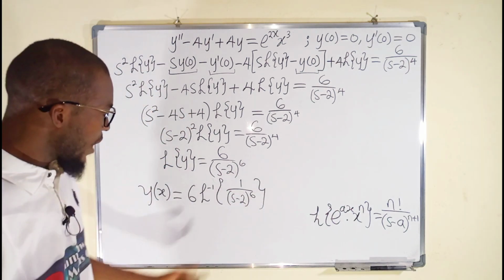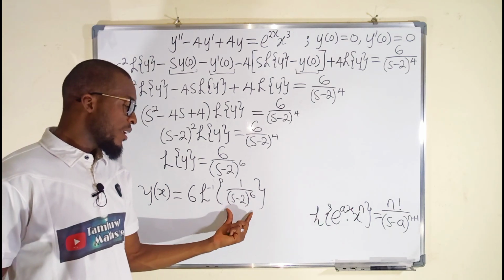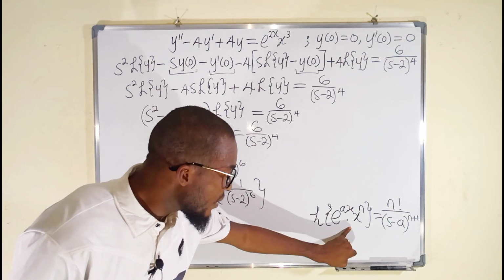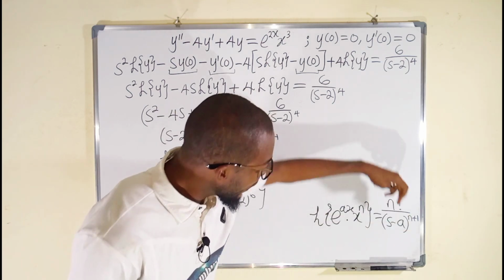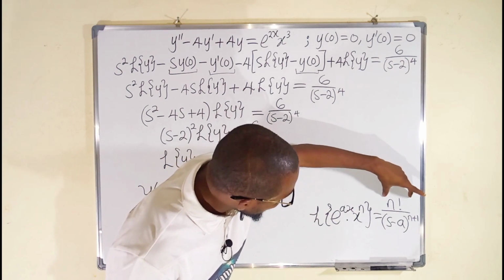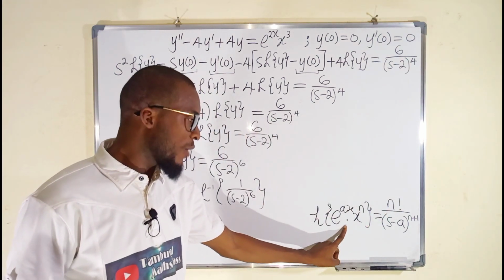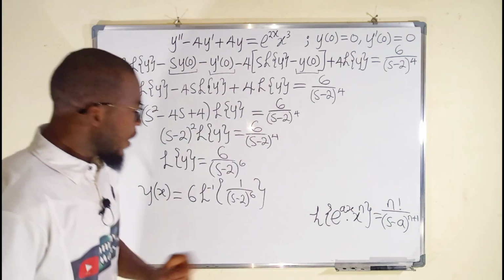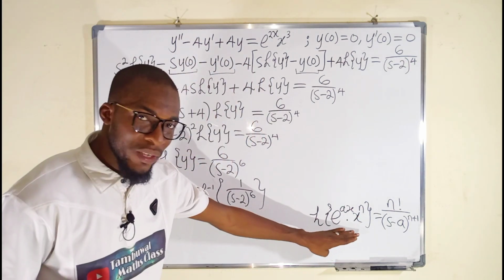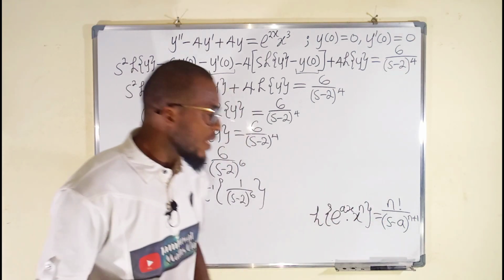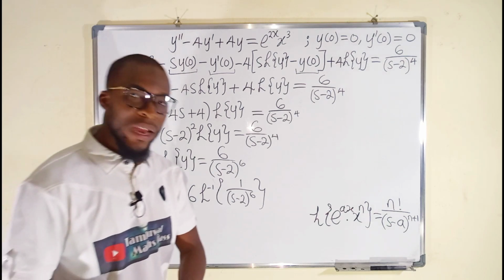All right, how can we find the inverse Laplace of this? Remember, if the Laplace transform of this is equal to that, if you take the inverse Laplace of both sides, taking the inverse Laplace of this will give us back this function right here, which is a function of x. Let's do that here. If we have something in this form, we have n factorial divided by (s minus a) raised to the power of n plus 1.